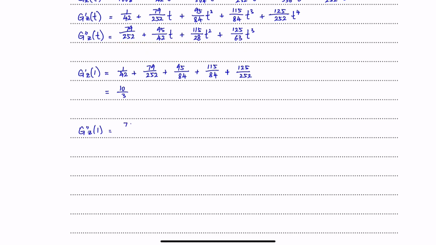So we have 79 over 252 plus 95 over 42 plus 115 over 28 plus 125 over 63. So this would give us 26 over 3.